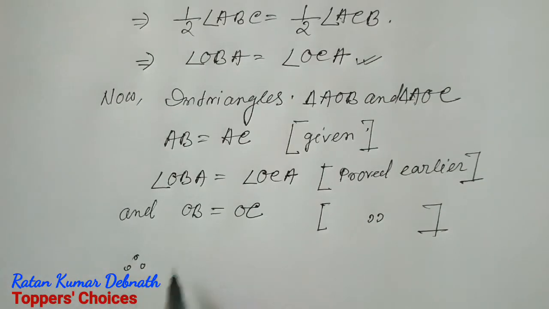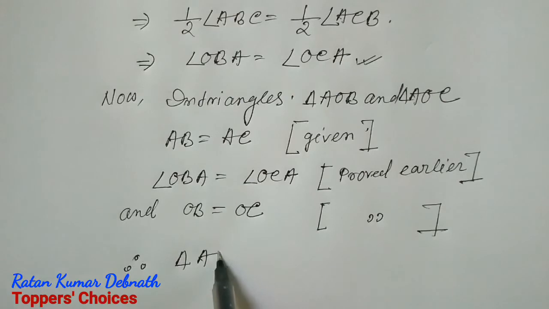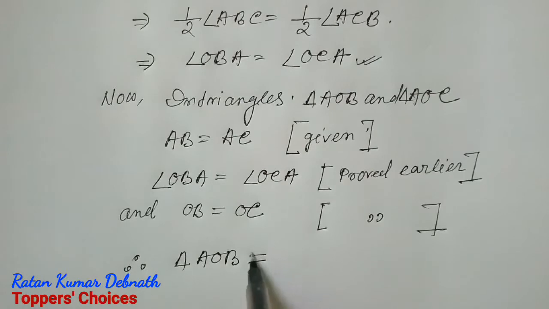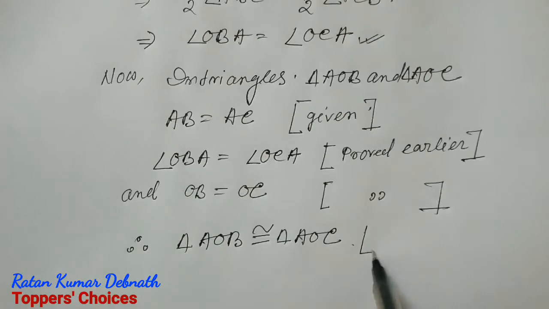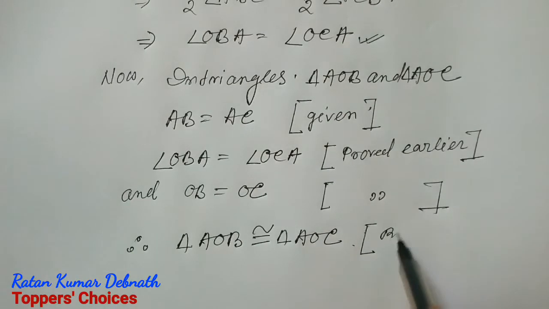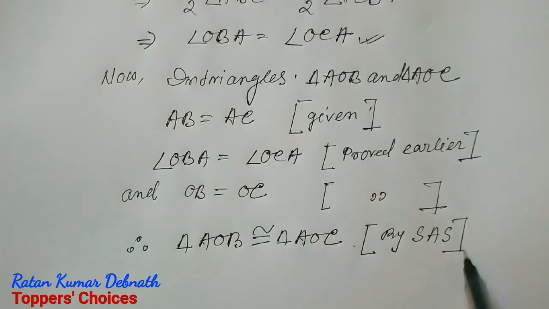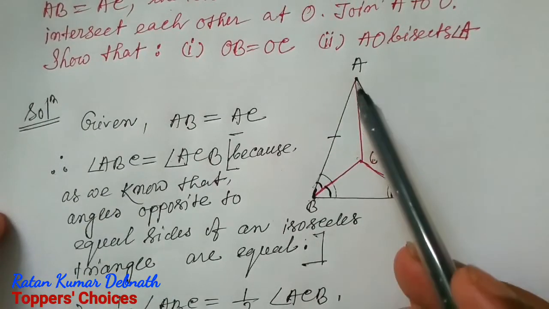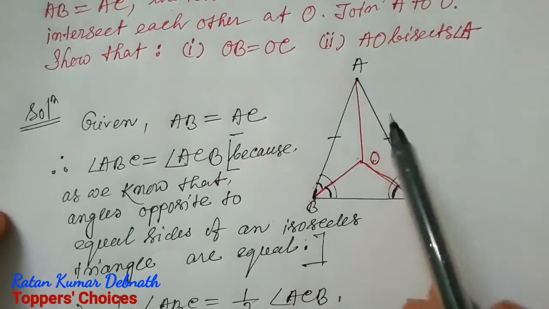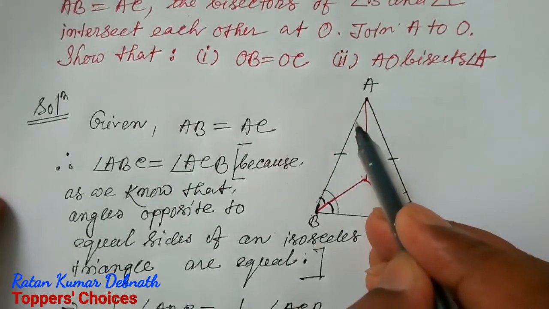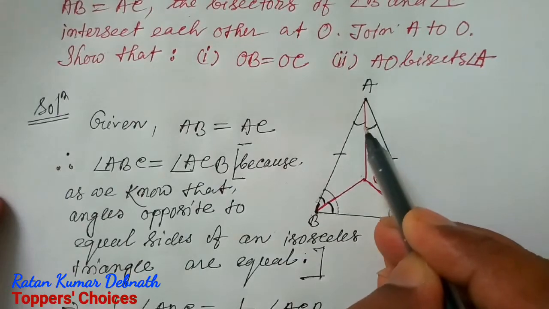Therefore, triangle AOB congruent to triangle AOC by SAS rule. Since this triangle and this triangle are congruent, then obviously we can say this angle equal to this angle.